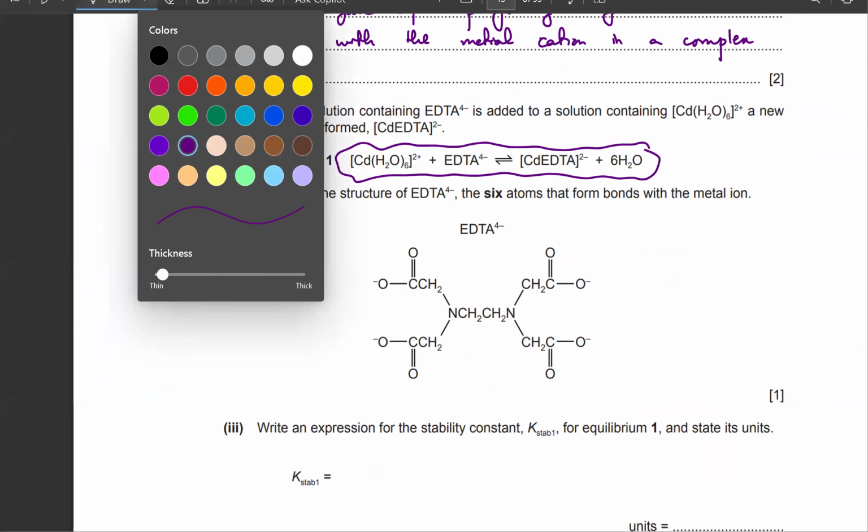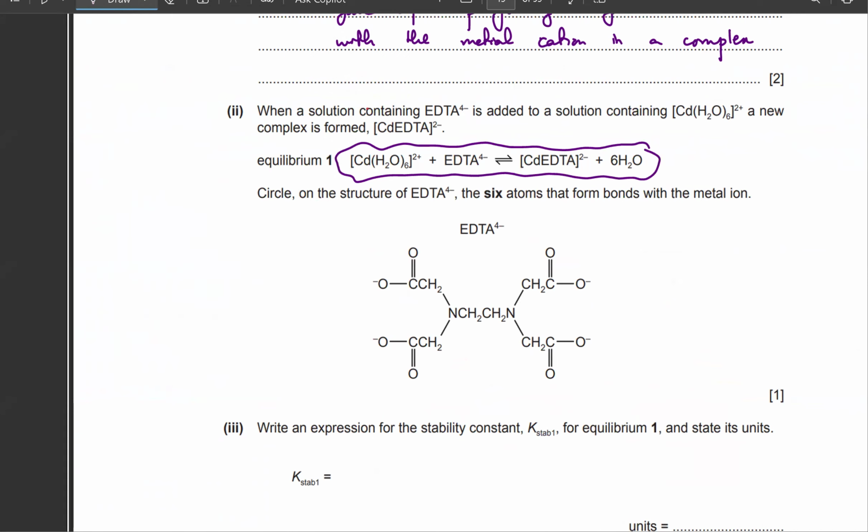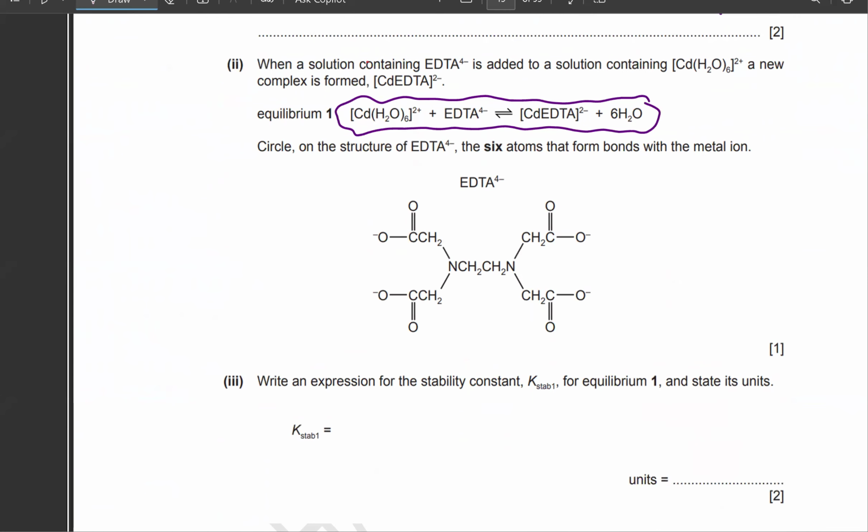So what you need to figure out is the K stab for that. It's product concentration, so it's Cd EDTA, and the whole thing has a charge of 2 minus, concentration. That's the product. You don't write water in the expression. Divide by the reactants, which is Cd(H2O)6 2+, and then there's EDTA 4- concentration.